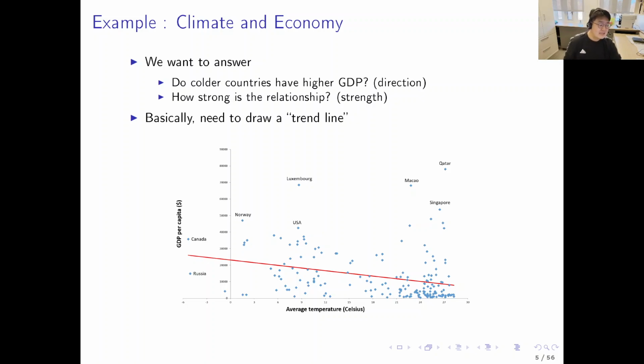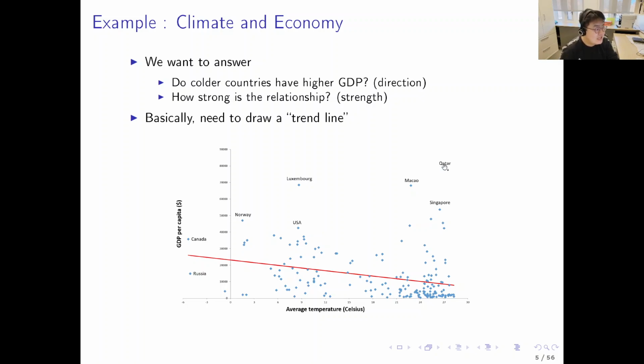That's one thing. And second thing, how do we tell the strength? Strength is about the deviation from the trend line. For example, Qatar is an extreme deviation because the trend tells that hotter countries are poorer. Usually warmer countries are poorer, but Qatar is the richest country in our data, but it's one of the warmest countries too.